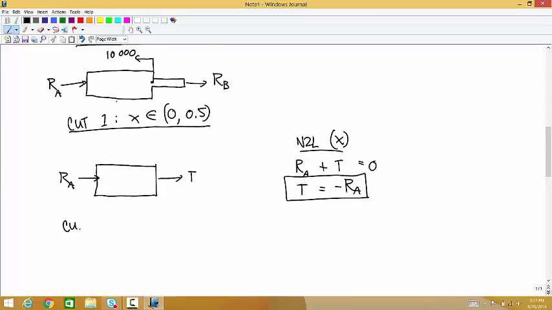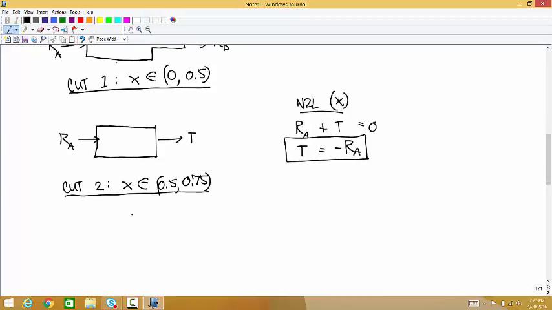And then for cut 2, for x values between 0.5 and 0.75, we still have RA.